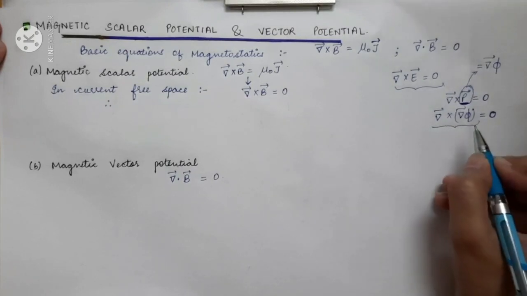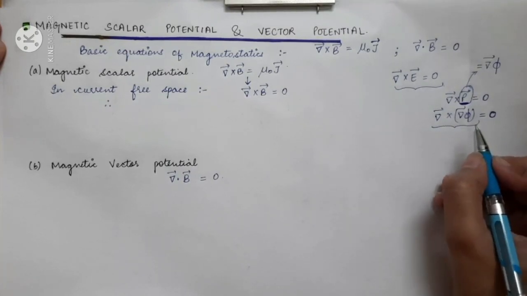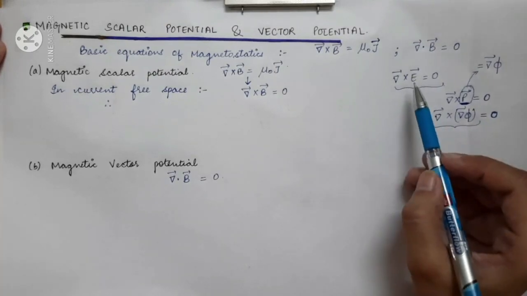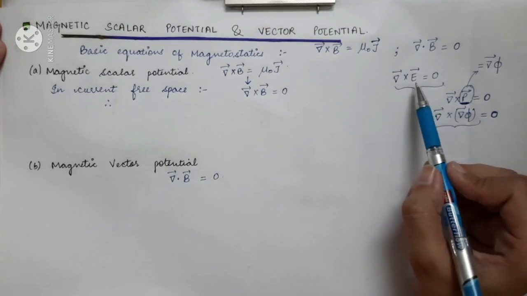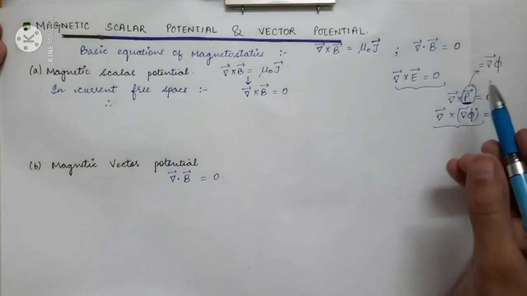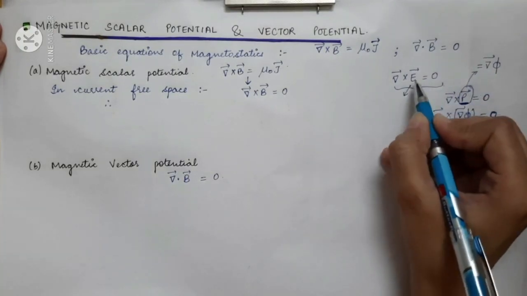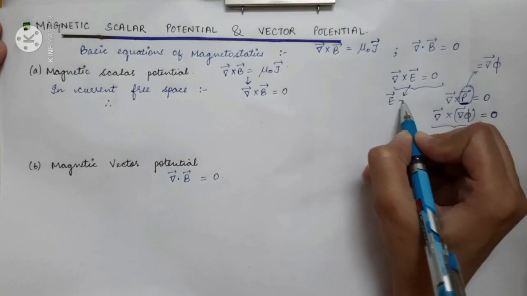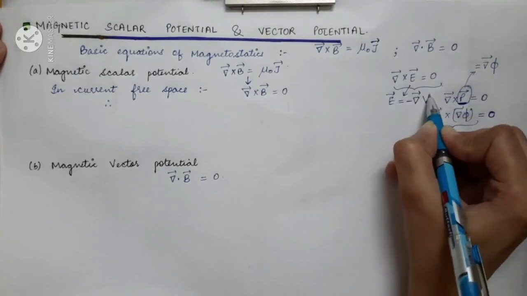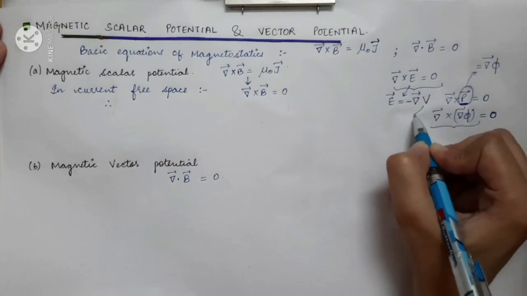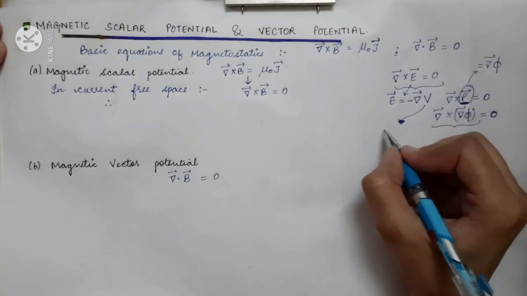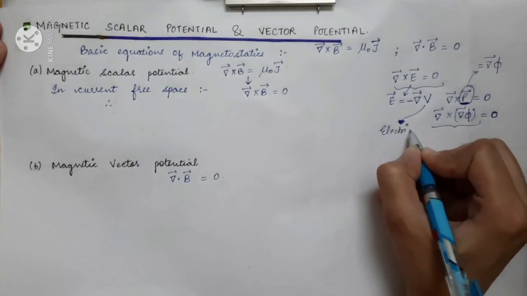This is the property that we have already studied in the previous lecture, and we applied it to electrostatics also. In the case of electric field, curl of the electric field intensity is always equal to 0. So there we said that this electric field can be written as negative of gradient of capital V, and this V is called electric potential.